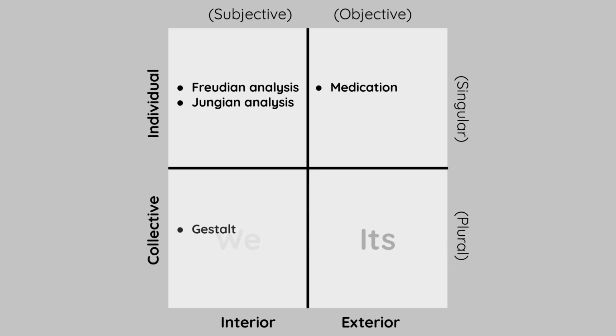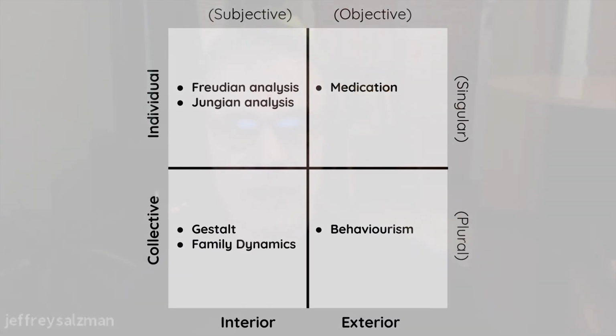Lower left would be Gestalt, where we're working with family dynamics. And the lower right would be behavioralism, how we're interacting with the system at large, more mechanically in a way. And so all of a sudden, all of these warring schools of psychotherapy are integrated. The only thing we have to get rid of is each of their claims that they're the only good one, and let the teachings of all four of them arise into a bigger open space.